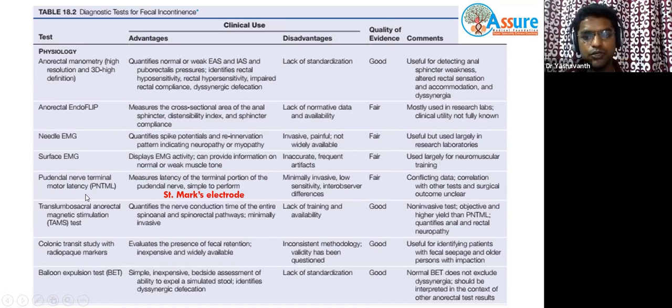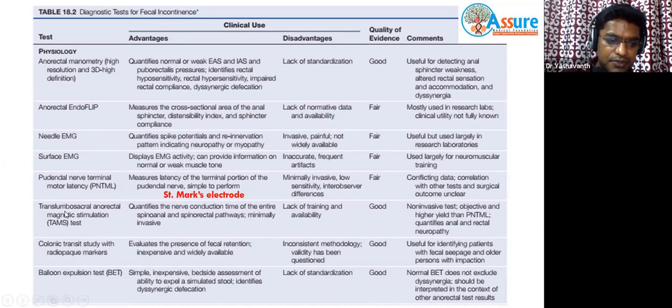Usually they do this before surgery to assess, because if there is a defect and neuropathy, doing surgery might not help. So you have to make sure that there is no neuropathy. So PNTML should usually be considered before subjecting the patient to surgery in case of any defect.